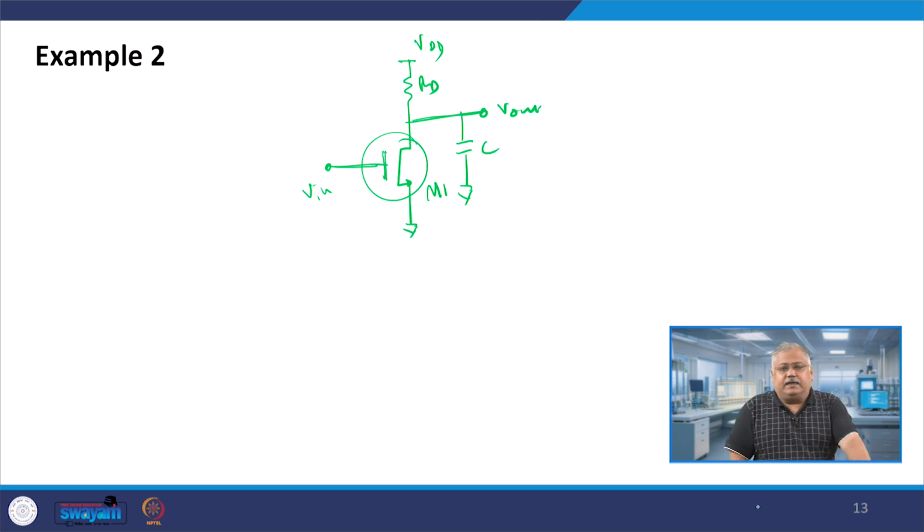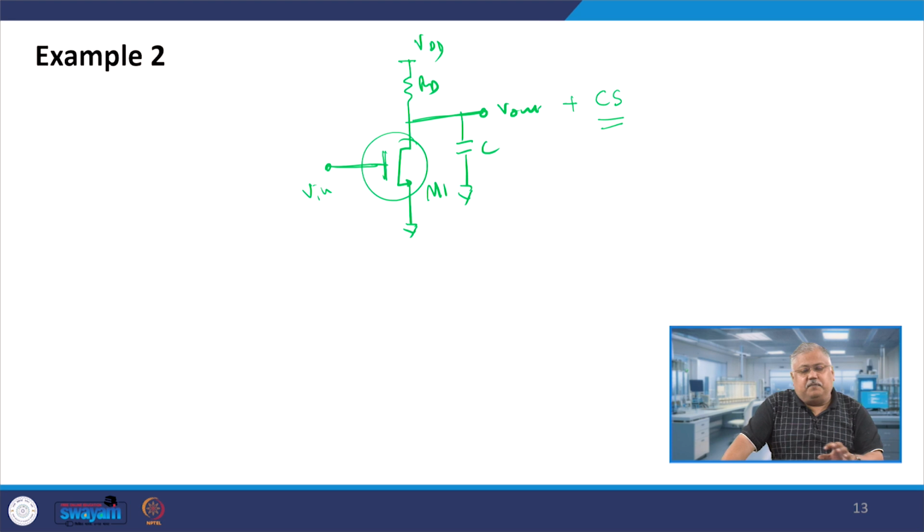Now, one way of looking at it, and this is a problem assignment for you as well, is: can I have another common source amplifier cascaded with respect to the first one?